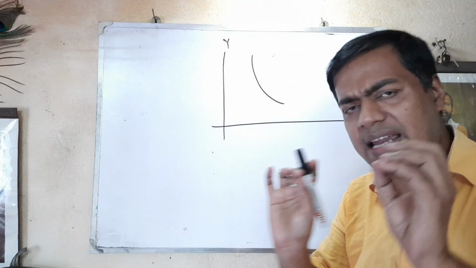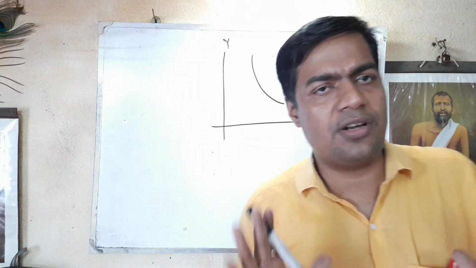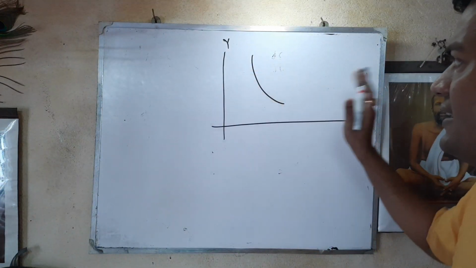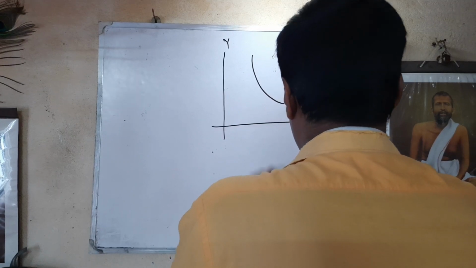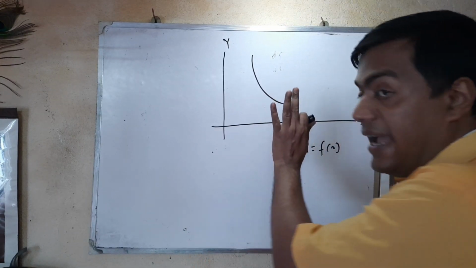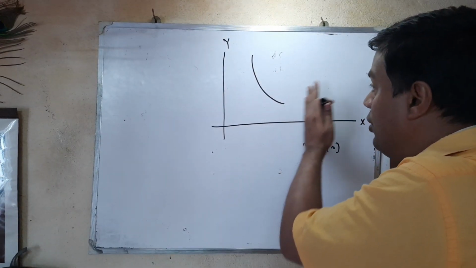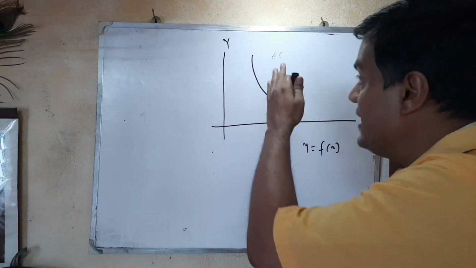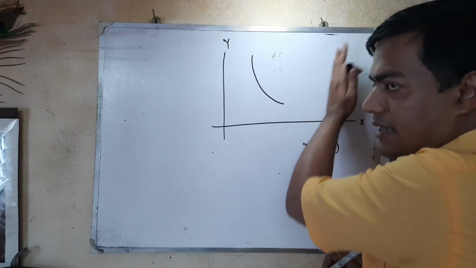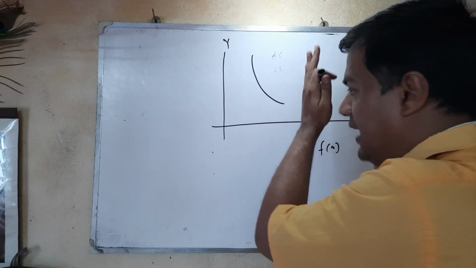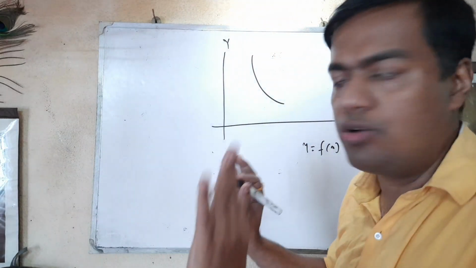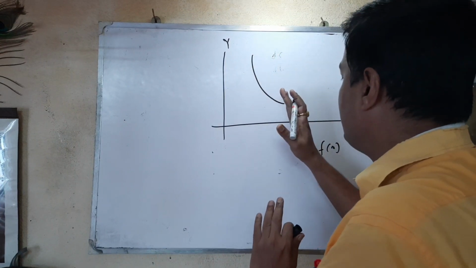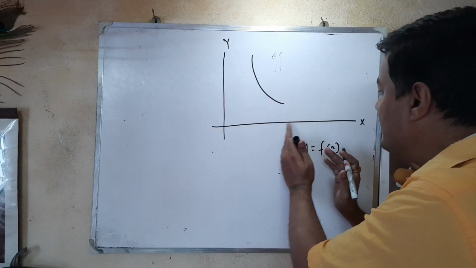So I can ordinarily mention that y is here a decreasing function of x, that is y equals f(x). It is a decreasing function up to this range. I cannot say the behavior of the graph beyond this range because I don't know the nature of the graph beyond it. That graphical nature has not been depicted, so I cannot conclude anything about the curve beyond this value of x.